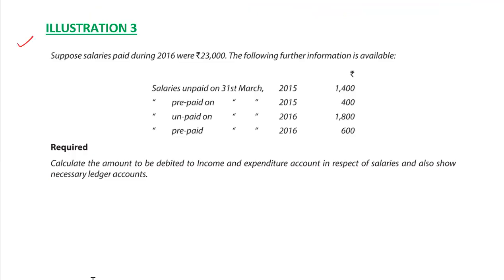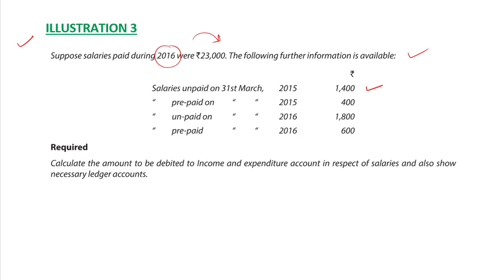Illustration 3. Suppose salaries paid during 2016 were 23,000. The following further information is available. Salaries unpaid on 31st March 2015 is 1400.